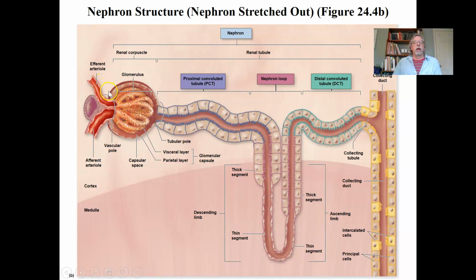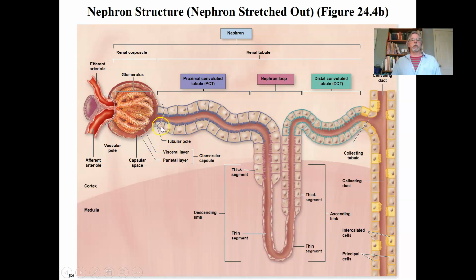That's surrounded by a glomerular capsule, which has an outer layer and an inner layer. The outer layer is the shell, and the inner layer is stuck on the glomerular capillaries. Material is going to filter out of the blood into this capsular space, and then it's going to start moving down this tubule. So this is the renal tubule.